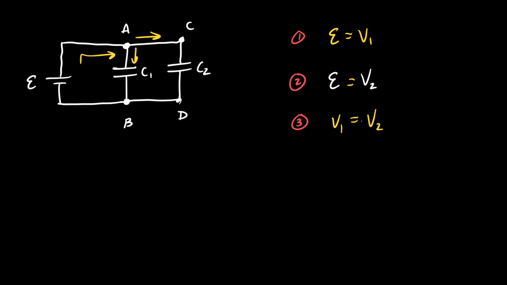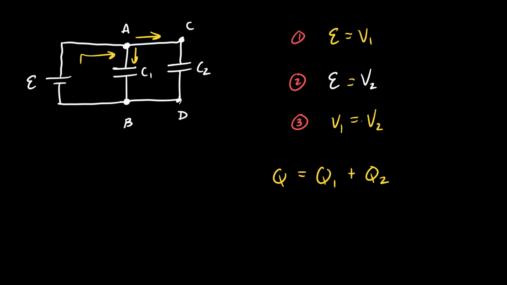And some of the electrons are going to travel along one of those paths, and some of those electrons are going to travel along the other. So in this circuit, the total charge that left the battery will have to equal the charge that settles on capacitor 1 plus the charge that settles on capacitor 2. Charge in equals charge out. So again, this is conservation of energy as it applies to circuits, Kirchhoff's first law. This is conservation of charge as it applies to circuits, Kirchhoff's second law.